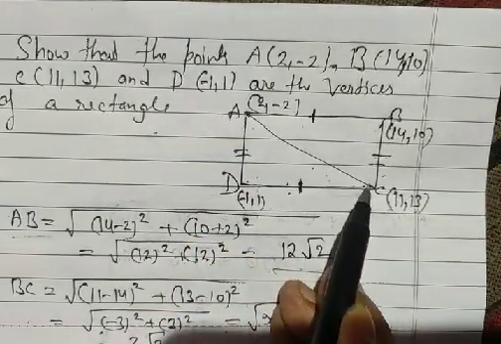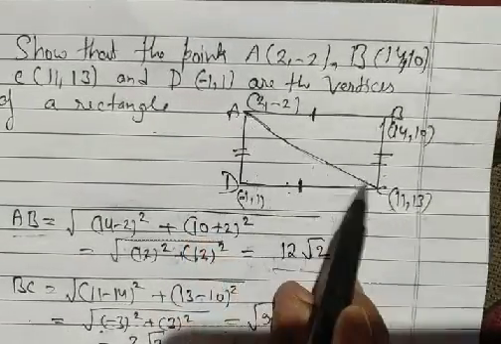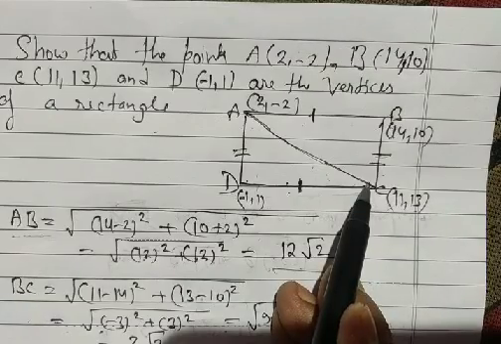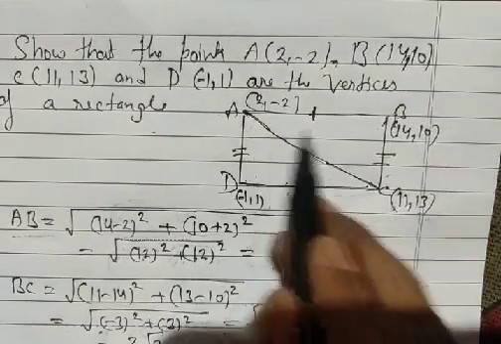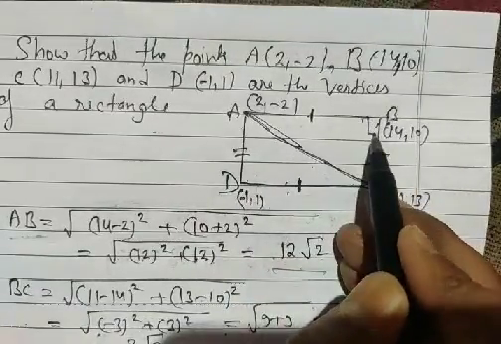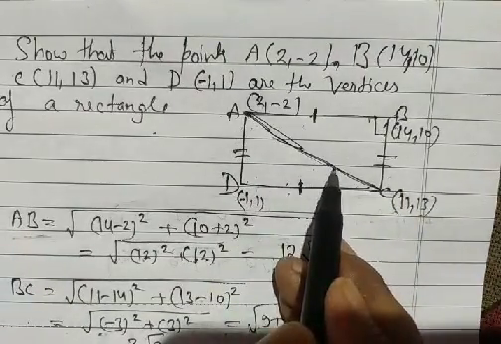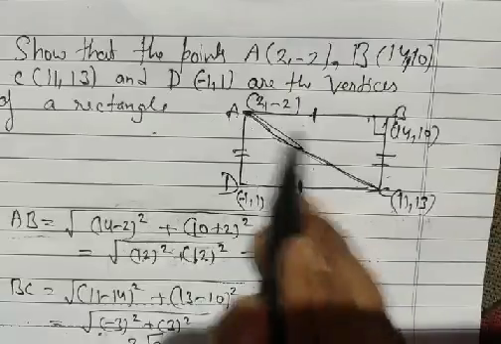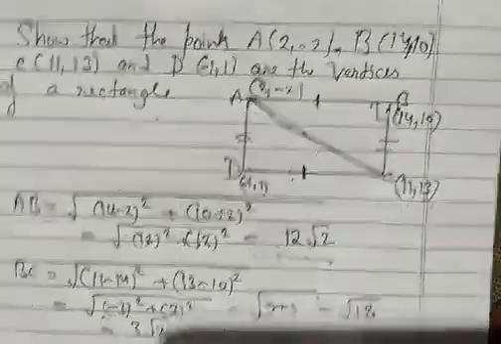Now we have to show that angle B is 90 degrees, where AC is the hypotenuse of triangle ABC. First of all, we are going to find our side AC.